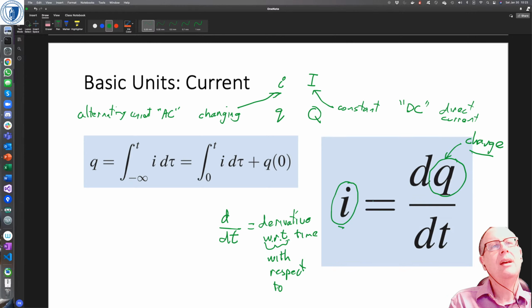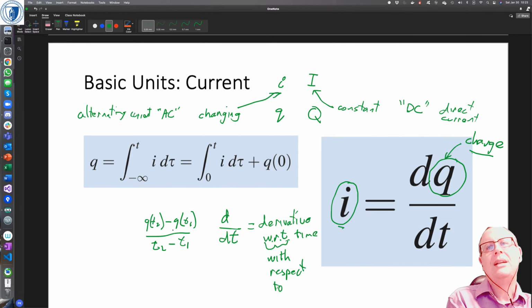A way to estimate that is to say Q at T2 minus Q at T1 divided by T2 minus T1, and if you take the limit of that as T2 and T1 get closer and closer together, that's what the derivative is. This isn't a math course, but you should understand some of these things.